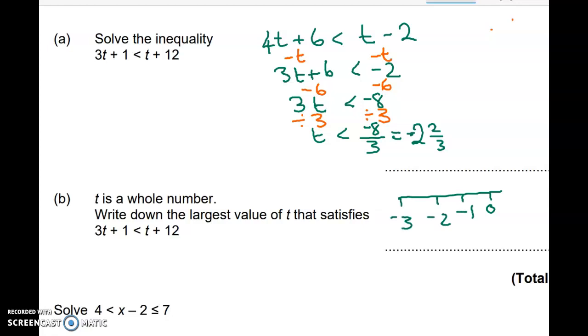So t is less than minus 2 and 2/3, which is here, so it's anything going down there. So the greatest value it could be is -3. It couldn't be -2 because it's got to be less than -2 and 2/3, which is after -2.